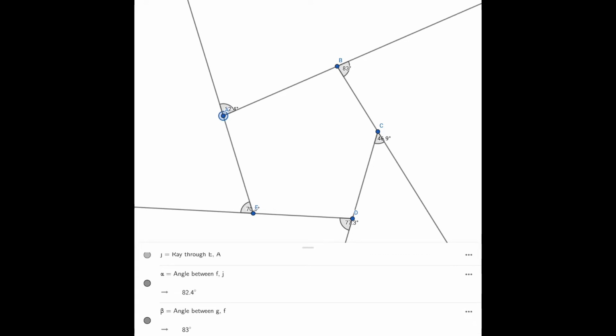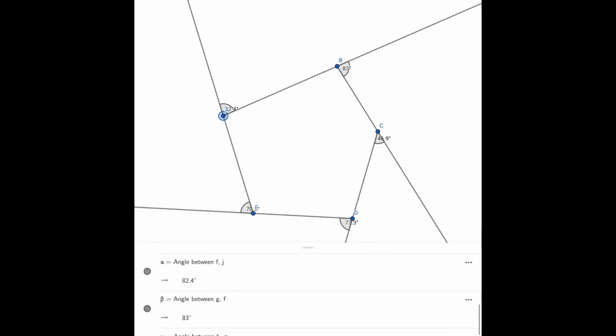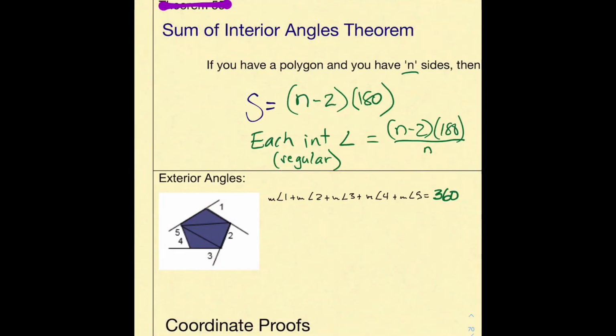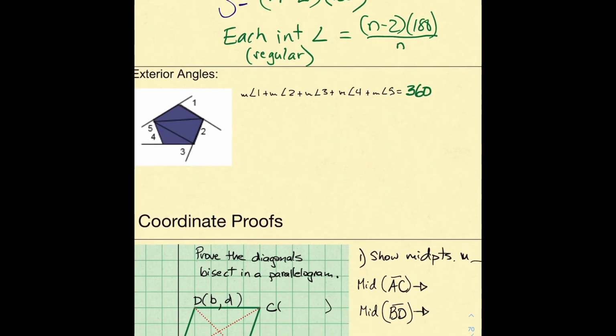I'm moving alpha. So now it's 82.4. And if I add each of them up, right down here at the bottom, you can see that the sum of those is 360. And it is an approximation. The computer's doing the best job, but we know that it has to be precisely 360.